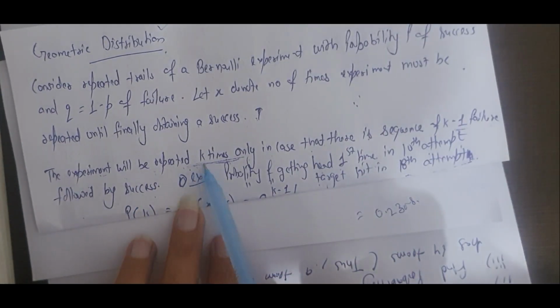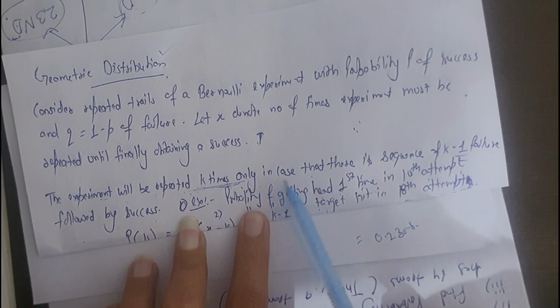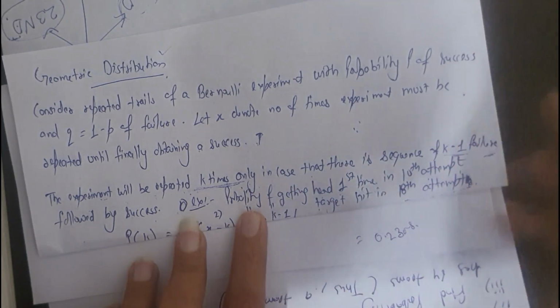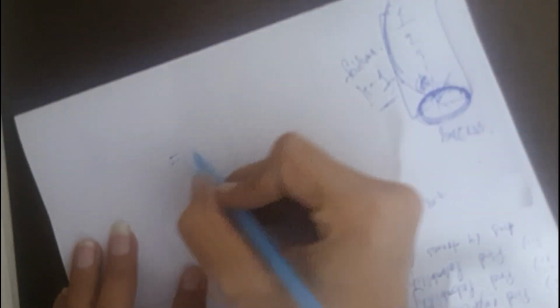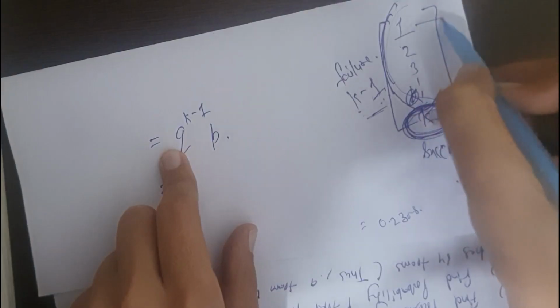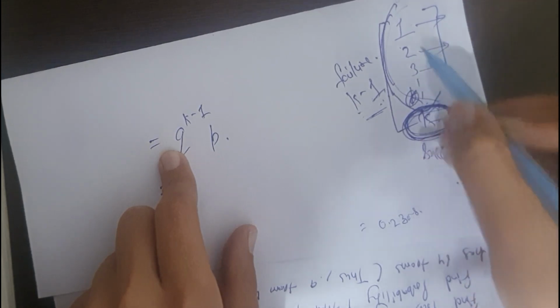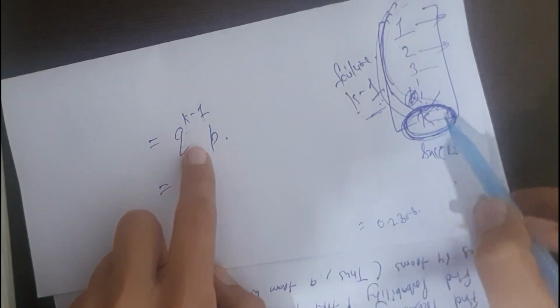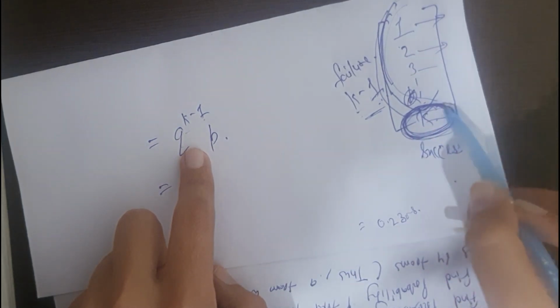So this is what they are saying: the experiment will be repeated k times only in case that there is a sequence of k minus 1 failures followed by a success. On the kth time we got a success. So the probability of getting success is q^(k minus 1) p. This time we got a failure, up to k minus 1 we got a failure, q^(k minus 1) into p. This is the probability of getting success.